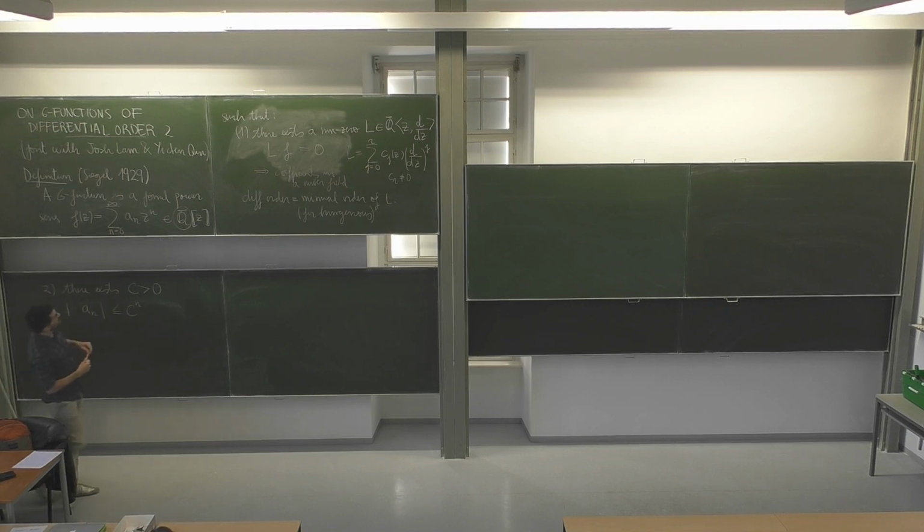But these are algebraic numbers, so it is always more reasonable to ask this property not only for the a_n, but also for all the Galois conjugates. What I'm going to ask is that if you apply an automorphism, so you consider all Galois conjugates of the a_n, then all the absolute values are bounded by C to the n.